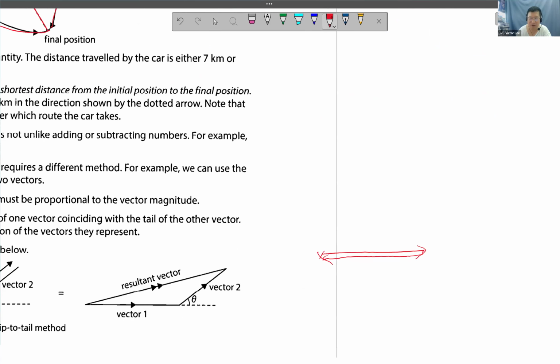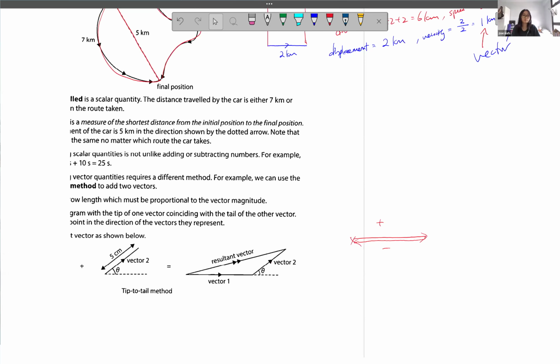I am back at the origin. Displacement is 0. See that? Because going forward is plus, going backward is minus. So a vector has a direction. If you take forward as positive, then backward must be negative.